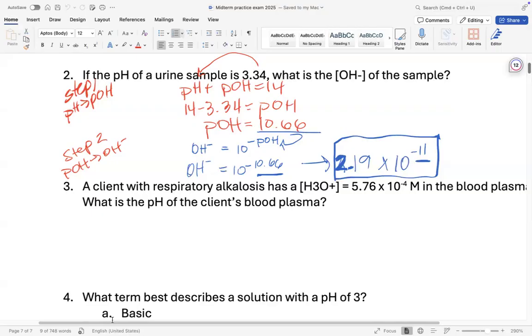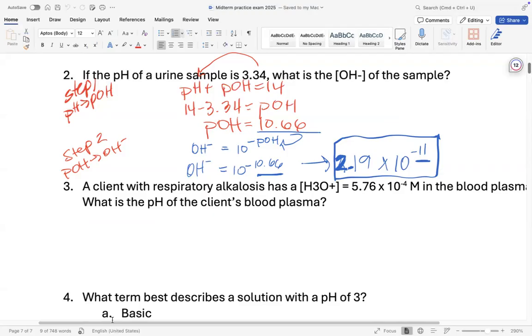Any questions? Yes. How did you make it to be 2.19 if it was 2.818? Yeah, so what I got was 2.1877, so I rounded based off that.